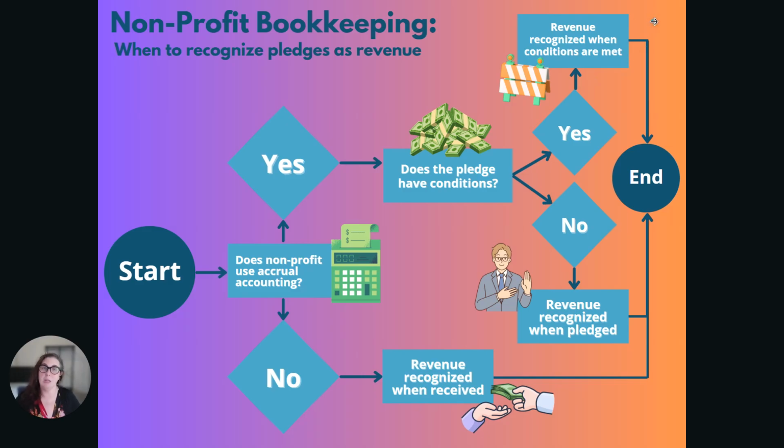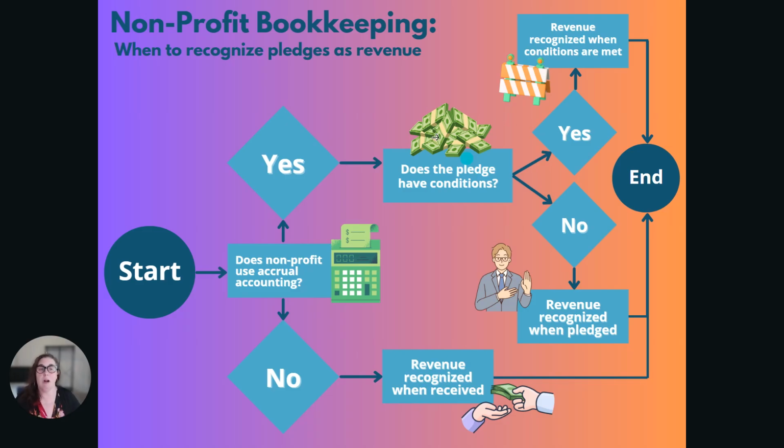So in this example, if the nonprofit were to find other donors, other than the one that set the condition, to pledge $50,000, that condition has now been met, and therefore the original $50,000 now needs to be recognized as revenue.